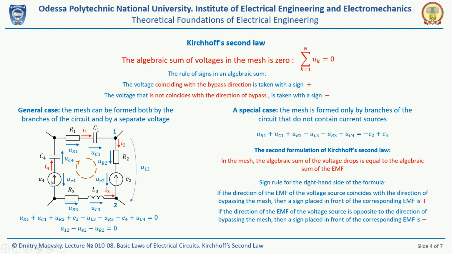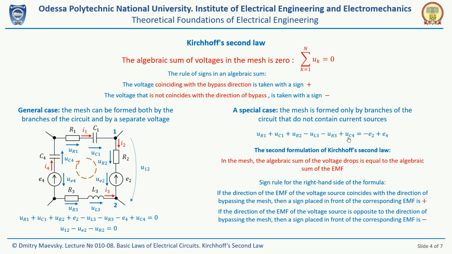Remember that the electromotive forces of these two sources we already know. So if we know their values, we can rewrite them on the right side of our equation with contrary signs. So on this side of our equation we have voltages on passive elements of our circuit.